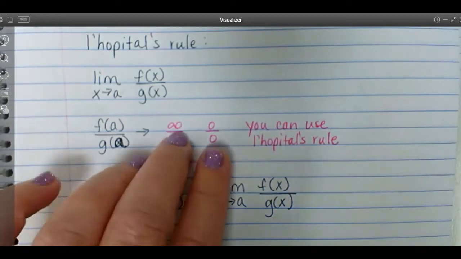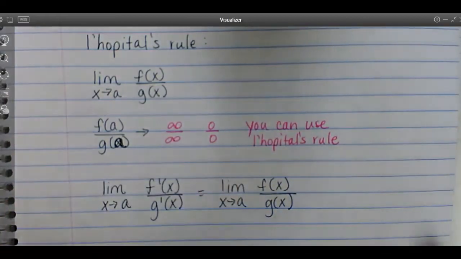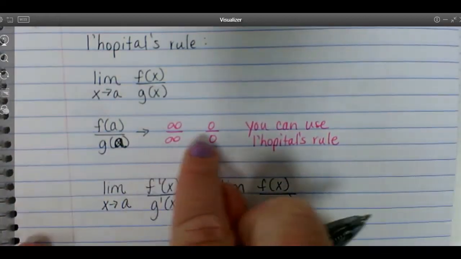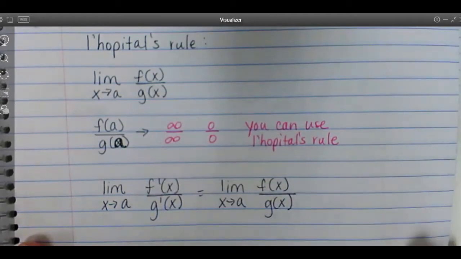If you don't get one of these forms, then you've got to do something else. Okay, so L'Hopital's rule only applies if you get these indeterminate forms.